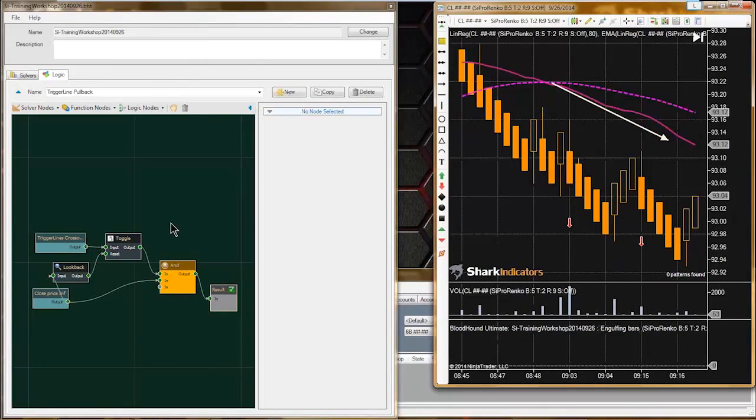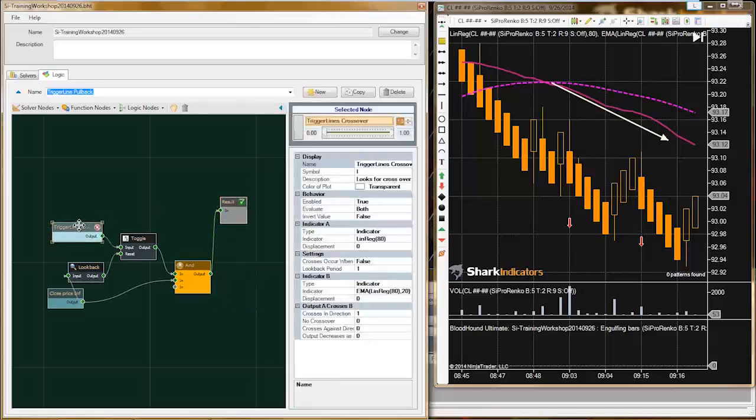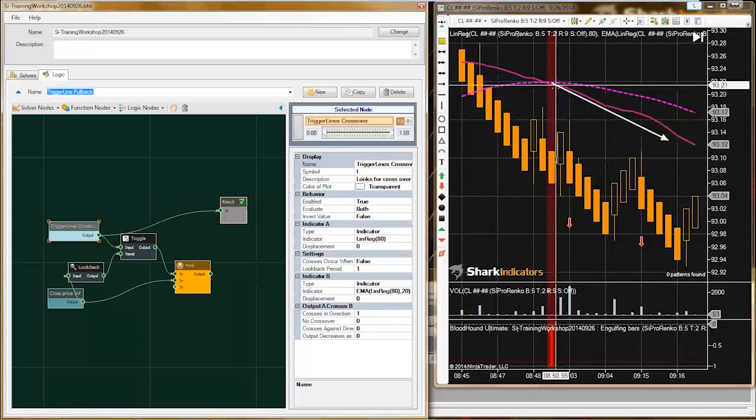Okay, so now this is becoming a lesson in how to debug your system. First, I'm going to look at the crossover of the trigger lines. Okay, so good. Right there, yep, we got our crossover down, so we got our signal.